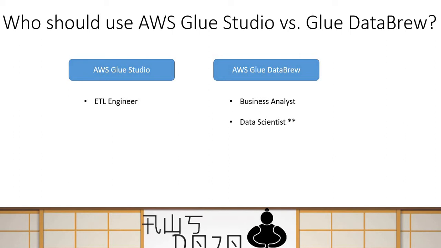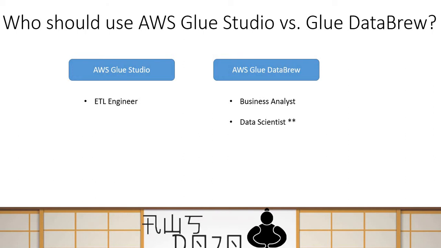That's why I put 2 asterisks over here. The data scientist can use DataBrew, but only for data preparation purposes. And of course, business analysts also try to visualize and prepare their data, and they can also use Glue DataBrew. So role-wise, ETL engineers should be using Studio, while business analysts and data scientists should be using DataBrew.